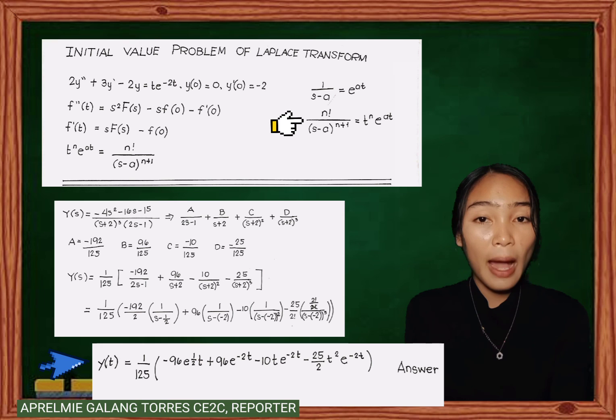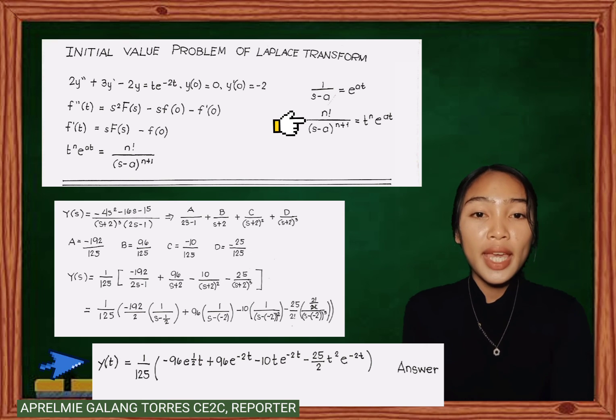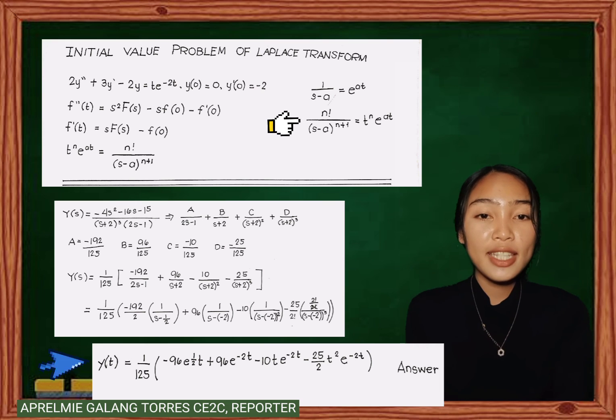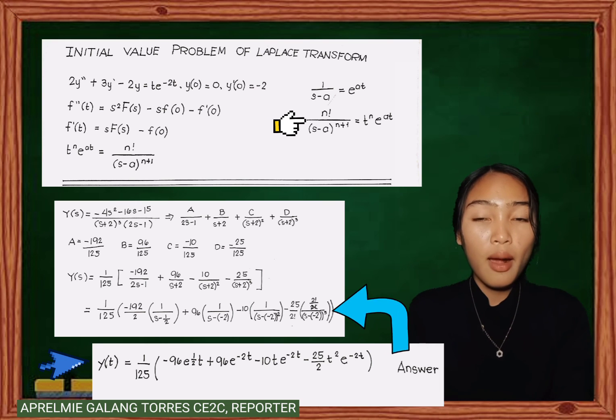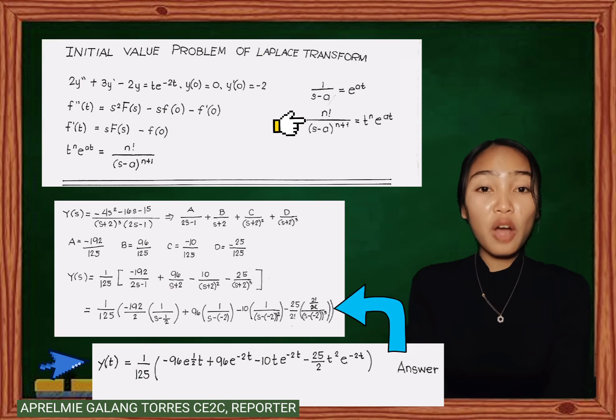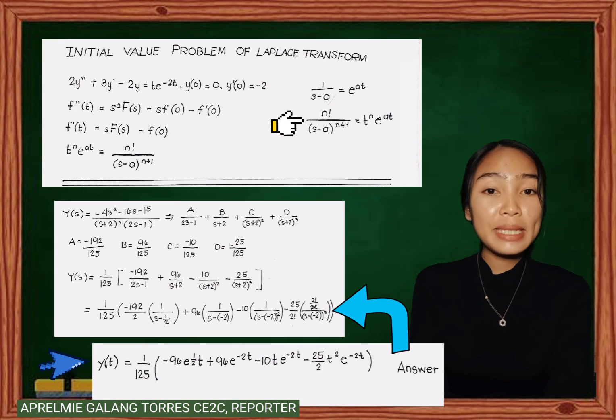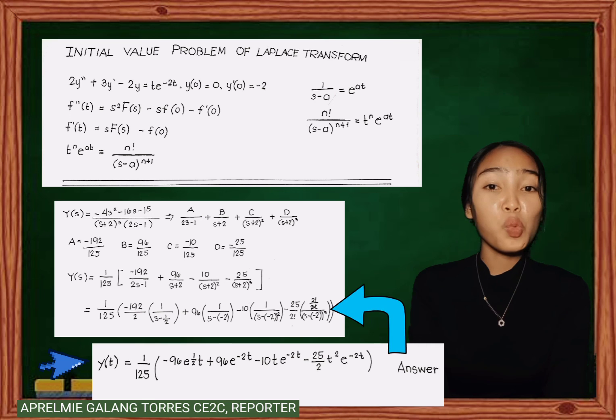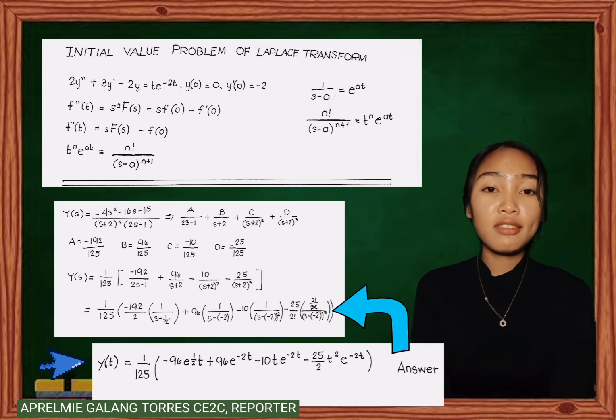that we've set up, 1 over s minus 1 half, in the same format as this formula here, 1 over s minus a, tells us that a is equal to 1 half.